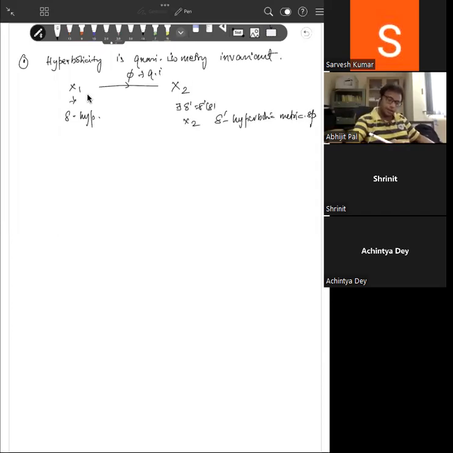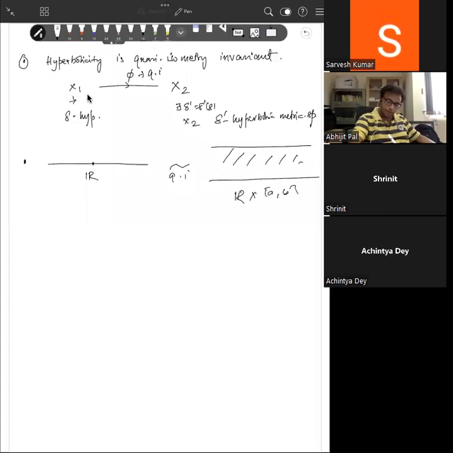If I take any tree, it is a zero hyperbolic metric space. If I take R, which is a tree, it is a zero hyperbolic metric space. And if I take any strip like this, which is R cross some interval, it is quasi-isometric to R, so again it will be a hyperbolic metric space.